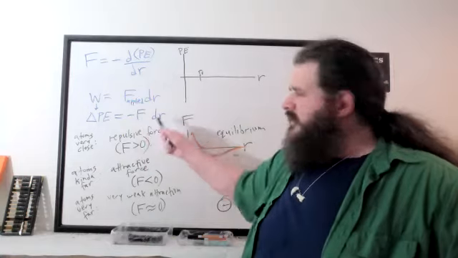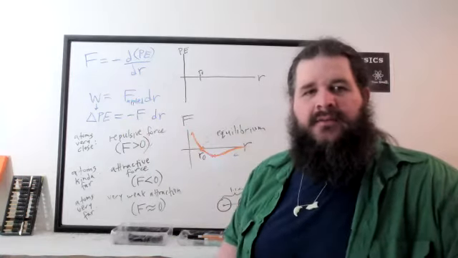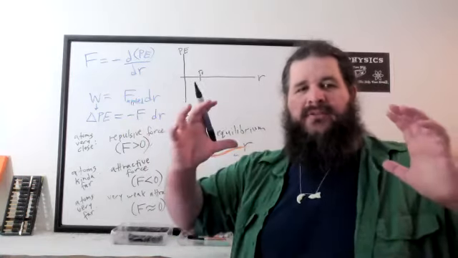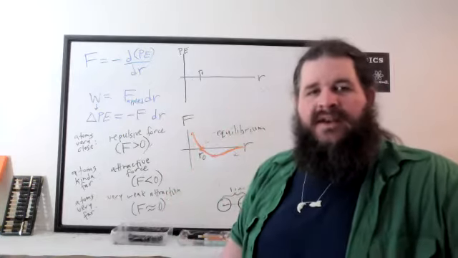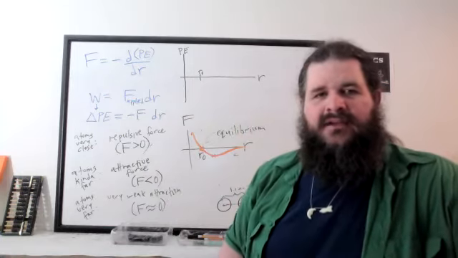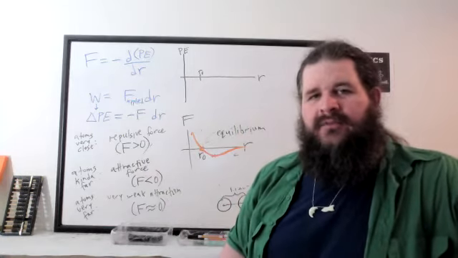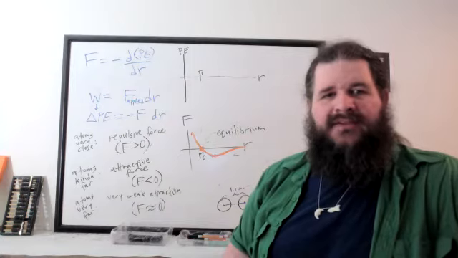And force times distance, that's fine if the force is constant. But if the force is changing, like when you're compressing a spring, you get a weak force, then a stronger force, stronger, stronger, stronger. So we'd have to add up a bunch of little tiny pieces. And what mathematical tool from calculus adds up lots of tiny bits?